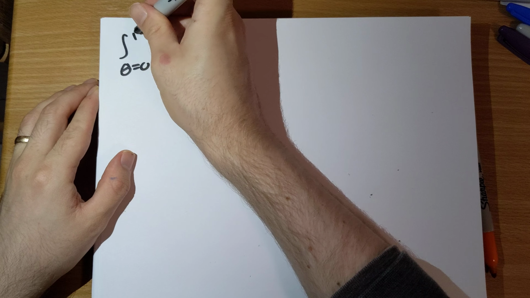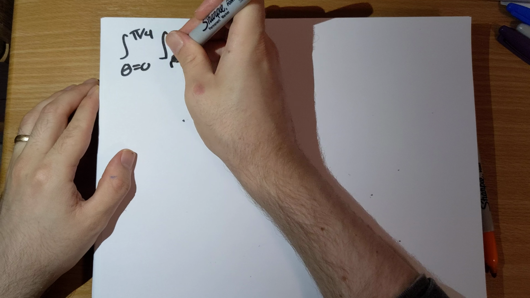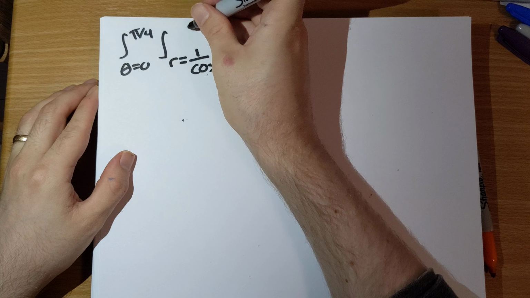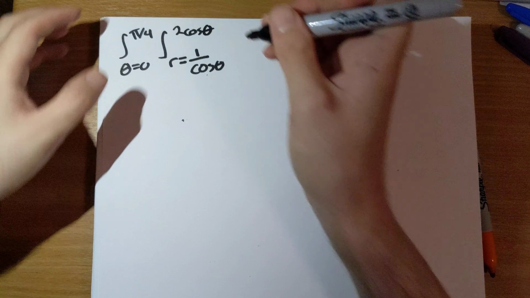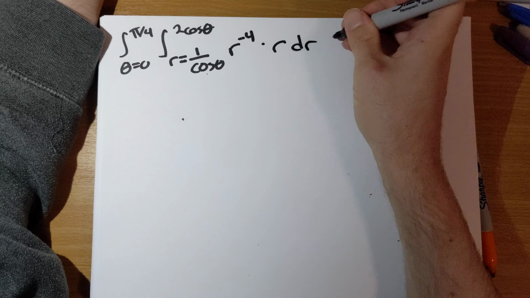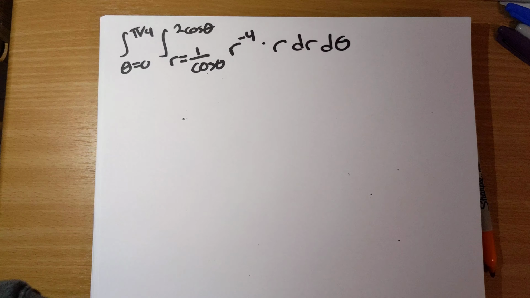So our integral: theta runs from 0 to pi over 4, r is 1 over cosine theta to 2 cosine theta. We said that our integrand is r to the negative 4th power times, don't forget the r, dr d theta.